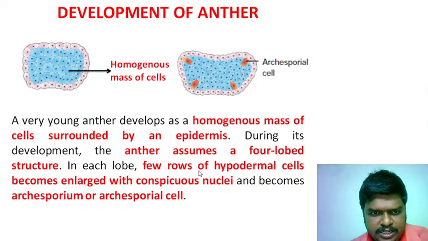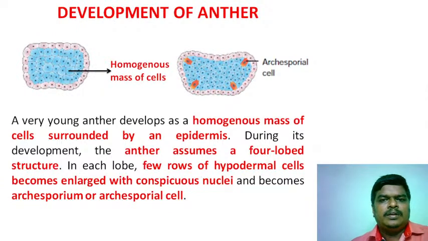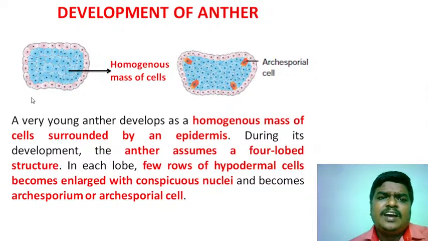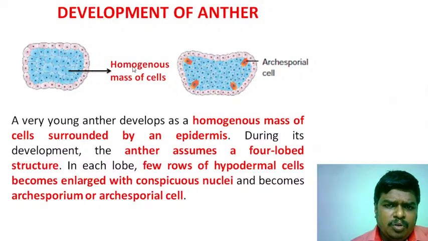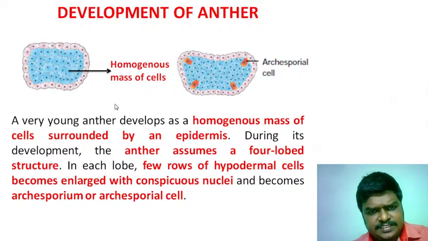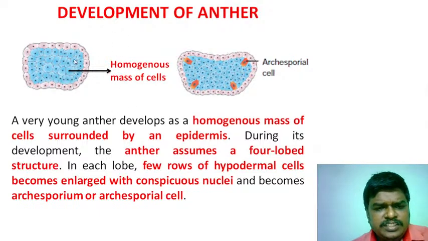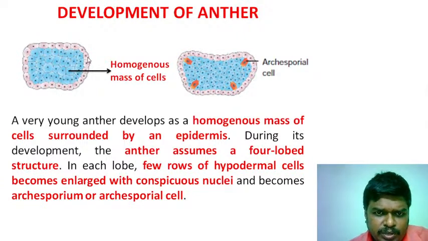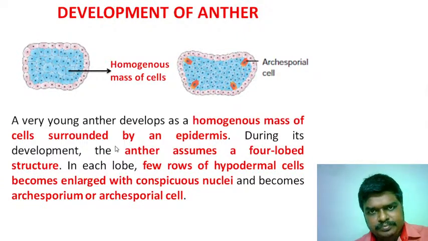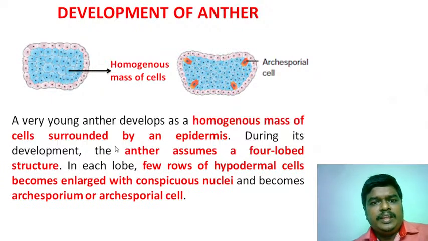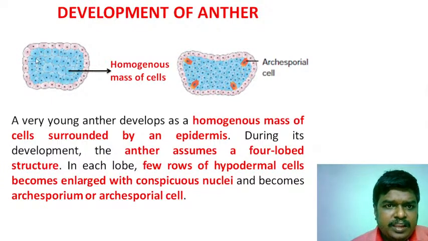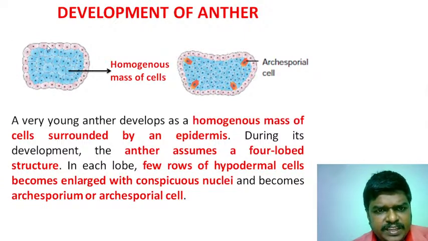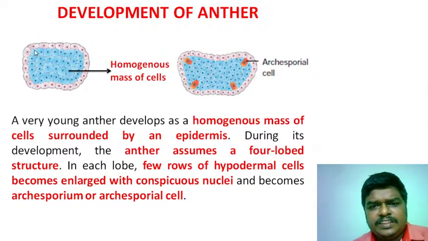anther. Development of anther. The anthers are mainly formed from a homogeneous mass of cells. These are all the homogeneous mass of cells that are surrounded by epidermis. In a young anther, it has homogeneous cells.